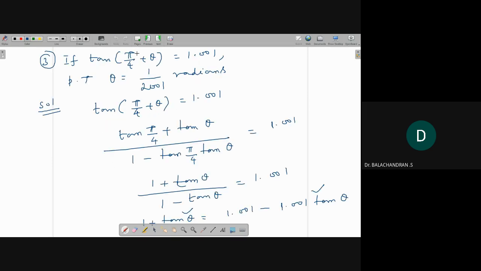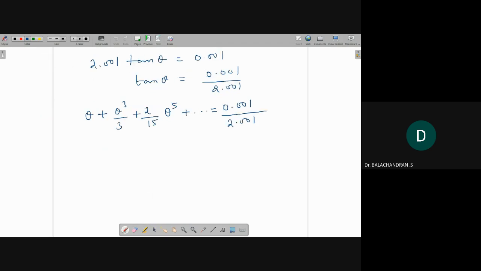The reason is tan pi by 4 is 1, and the right hand side is 1.001, and hence theta is approaching 0. That is very small, so I can neglect the higher powers of theta. I am not writing it, but that is the meaning. If you want, you can write: since theta is very small, we can neglect the higher powers of theta.